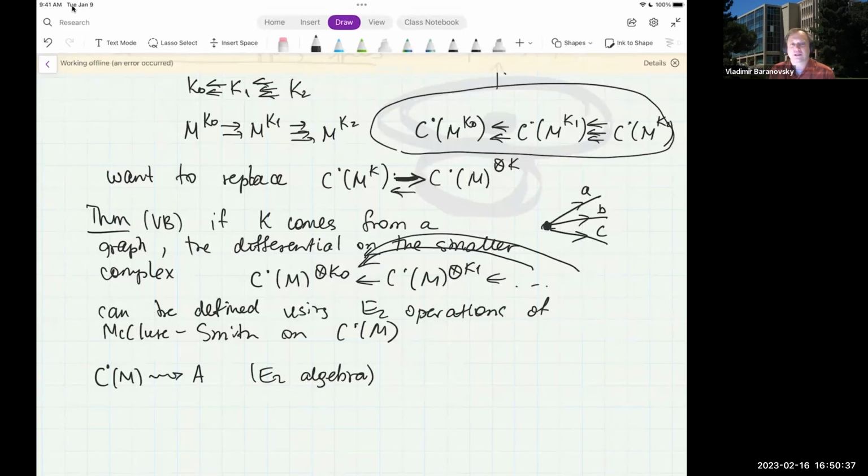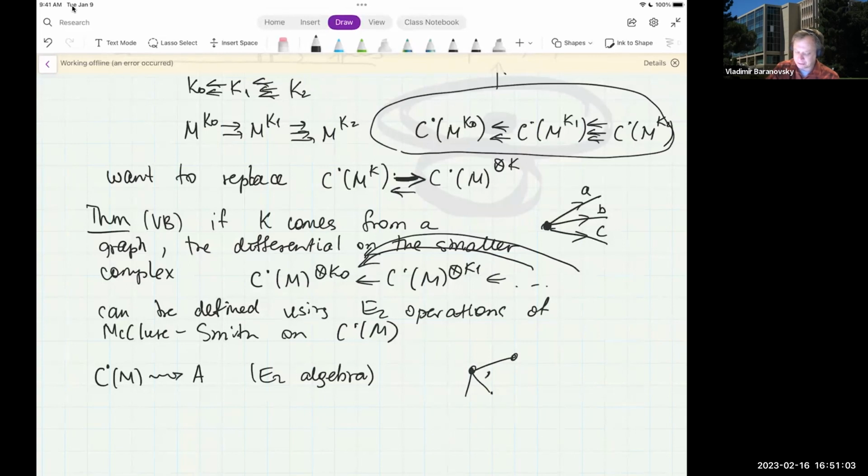Also, to define these operations, I'm using not only a graph, but a planar structure on this graph. So maybe I want to even embed it into a plane, if that's possible, or just choose a cyclic order of edges coming into every vertex.